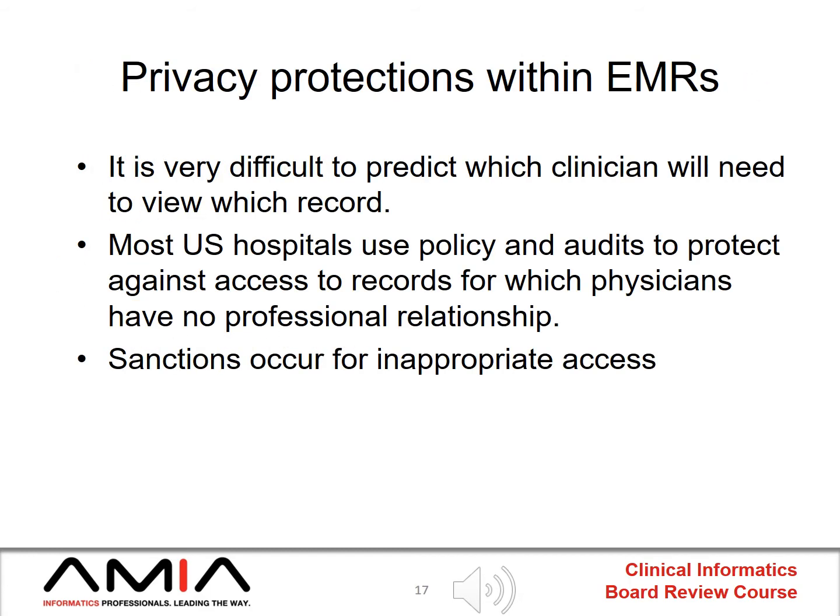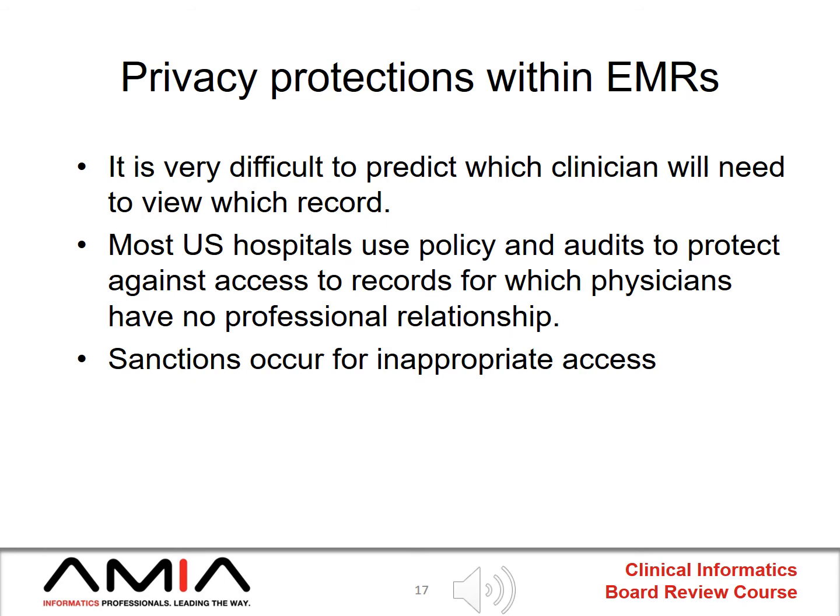There are several general rules of thumb or principles that govern privacy protections within the current generation of electronic medical records. First, it's very difficult to predict which clinician will need to view which record. Someone may collapse, someone may need advice from another physician or colleague, and it's hard to predict when this will occur.